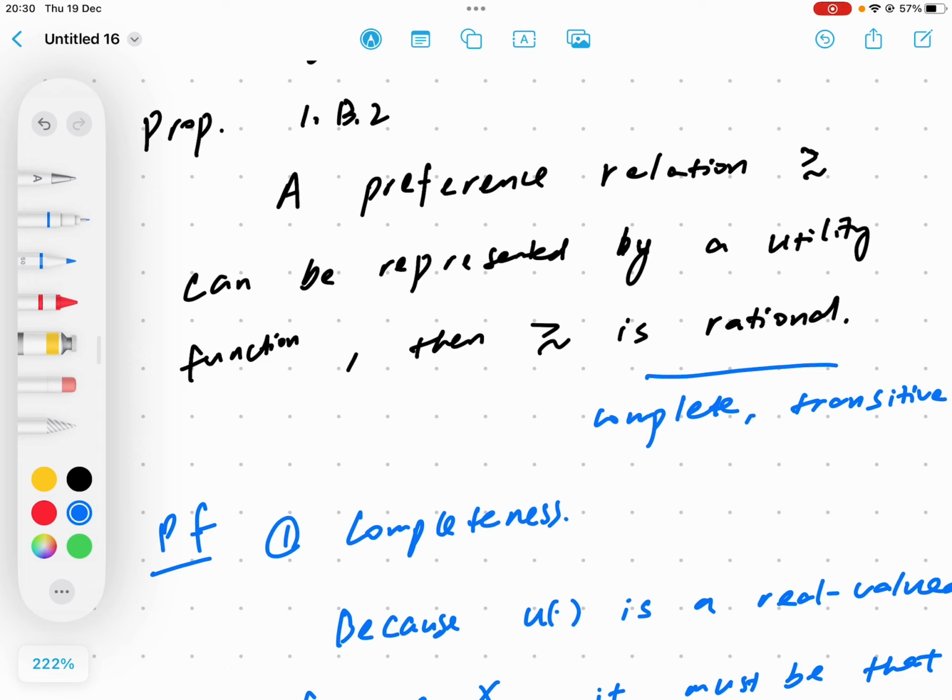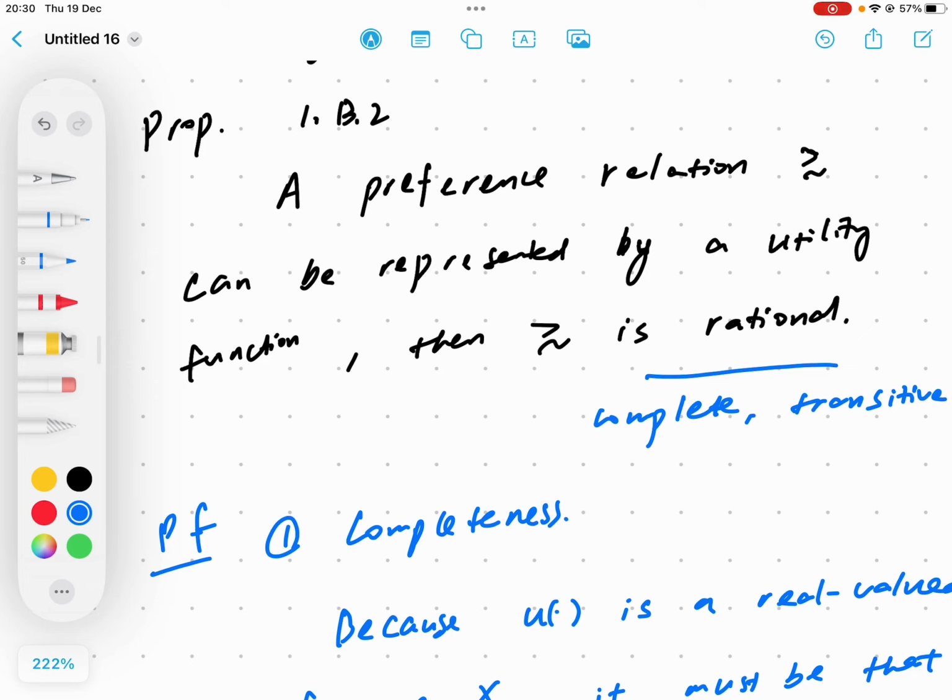And we want to ask: can any rational preference relation be described by some utility function? In general, as you may already see in the textbook, the answer is no. We cannot always use a utility function to describe the preference relation. You can see some examples of when it's not possible in later section 3.G.